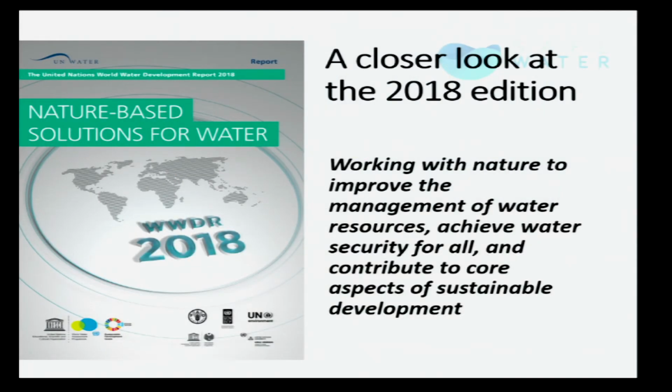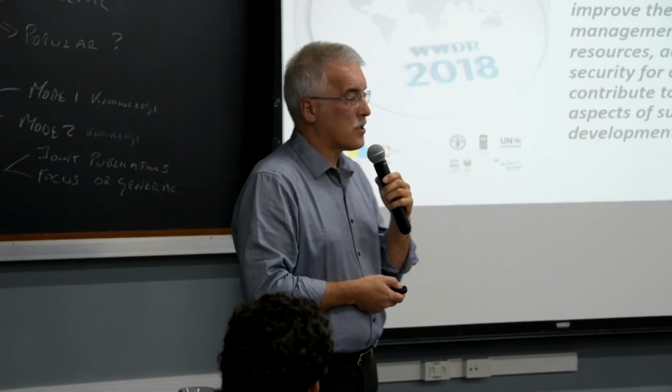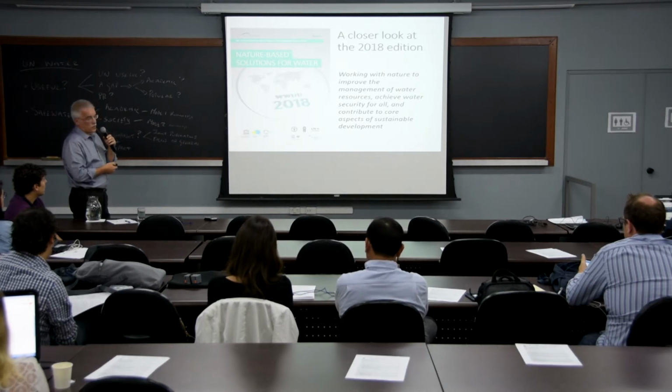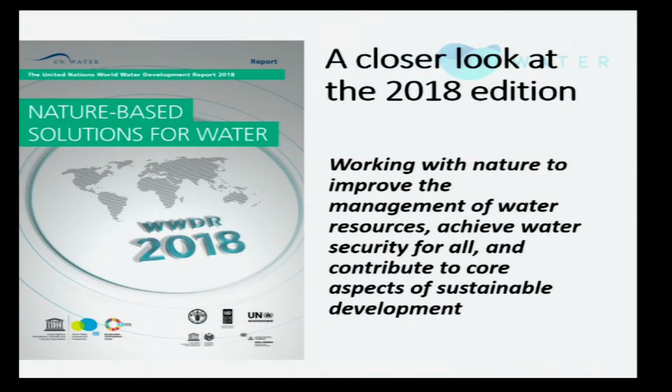On the positive side, if you're going to read any of these reports, I would recommend this one. I think this is a really insightful, game-changing assessment of how you tackle the water challenge globally. It's based on this idea of nature-based solutions for water: working with nature to improve water management, resources, achieve water security, and so on.